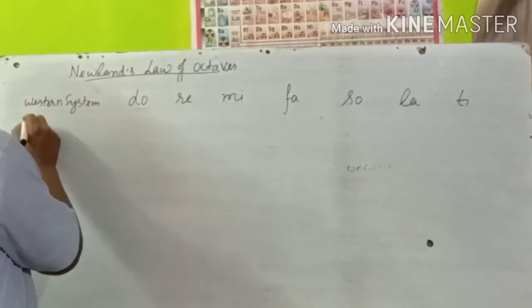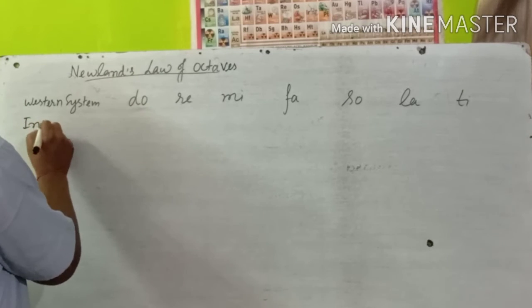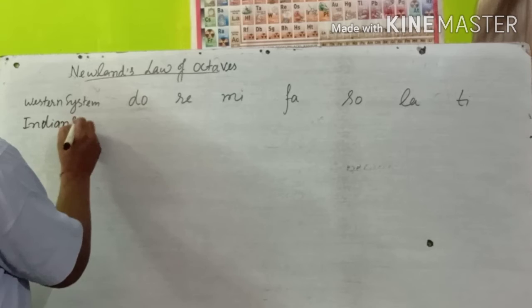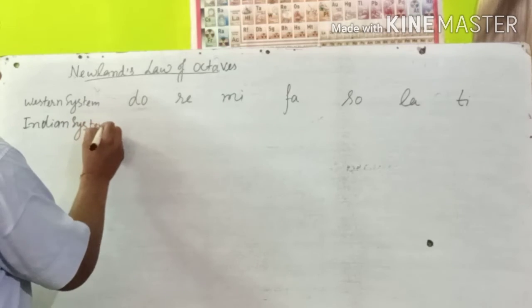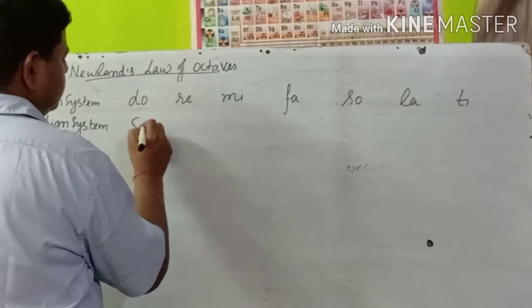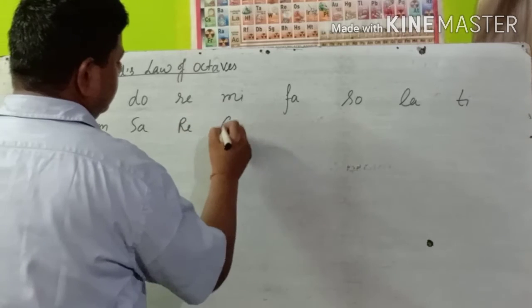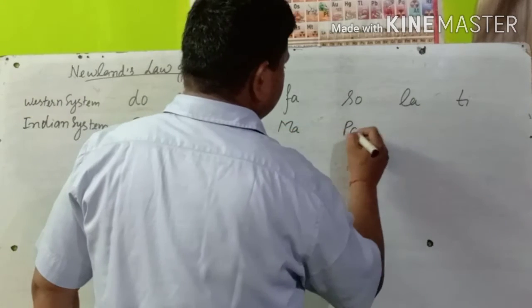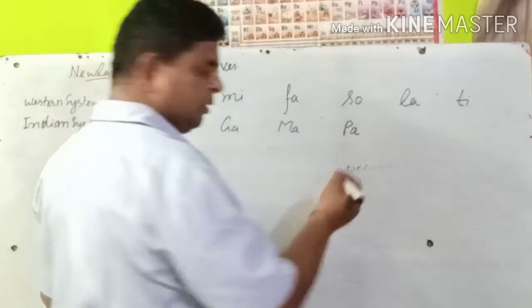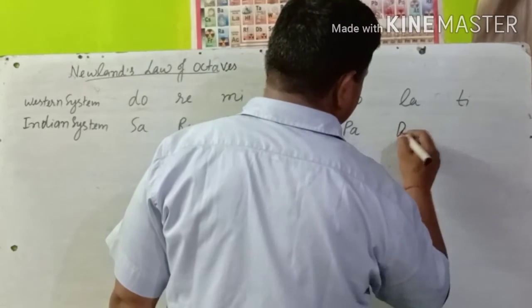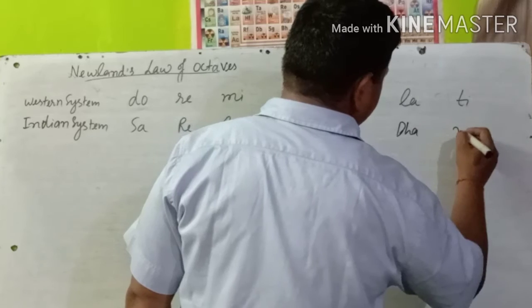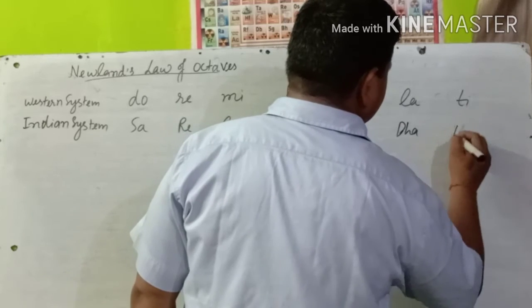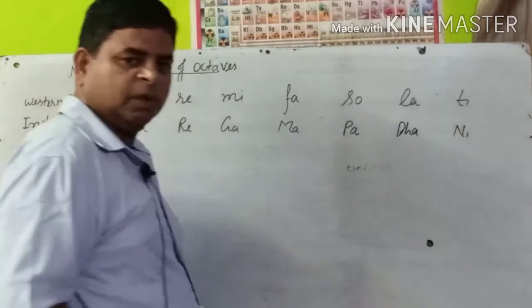In Indian system, sa, re, ga, ma, pa, dha, ni.